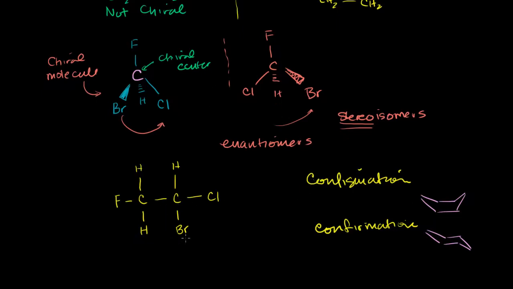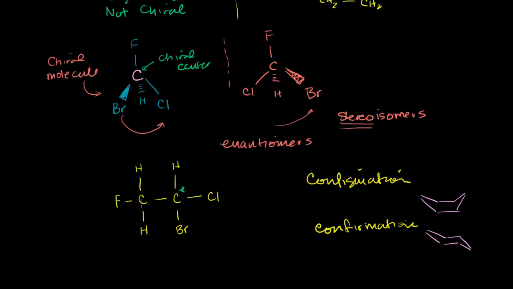Now let's look at this molecule over here. Can we identify any stereo centers or chiral carbons or chiral atoms? You have this carbon right here. It's bonded to a chlorine, a hydrogen, a bromine, and then another carbon. So this is bonded to four different things. So this is a chiral carbon, and sometimes they put little asterisks there.